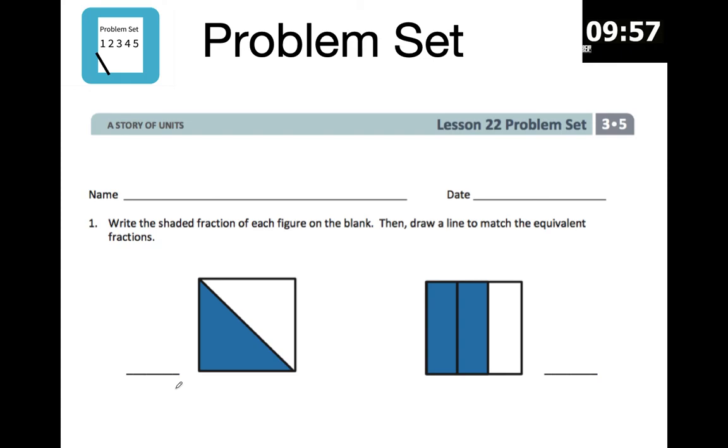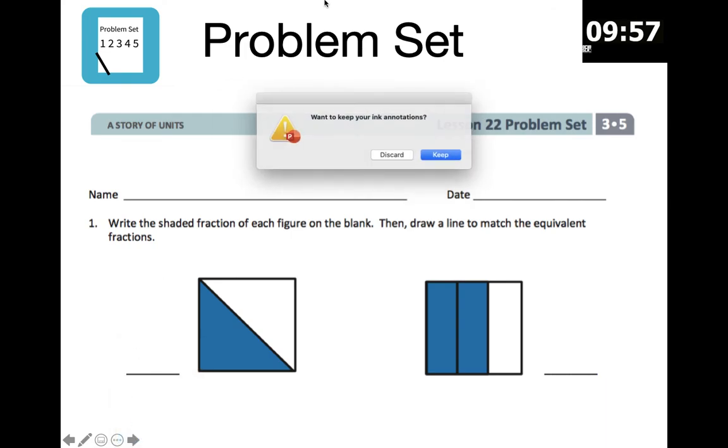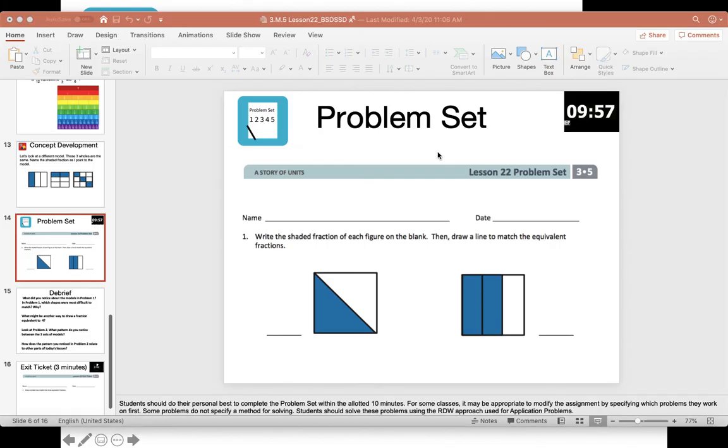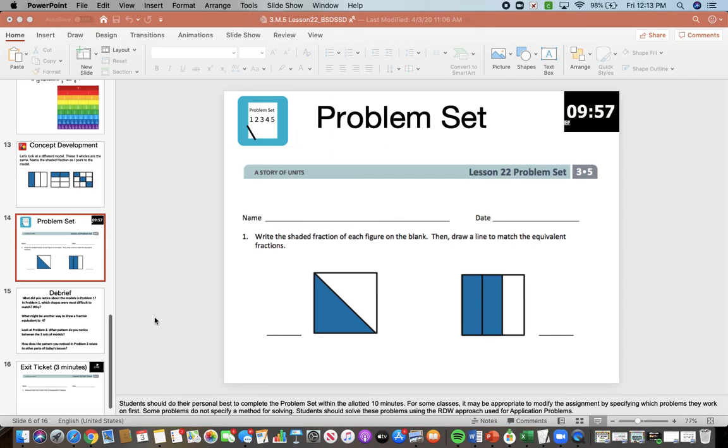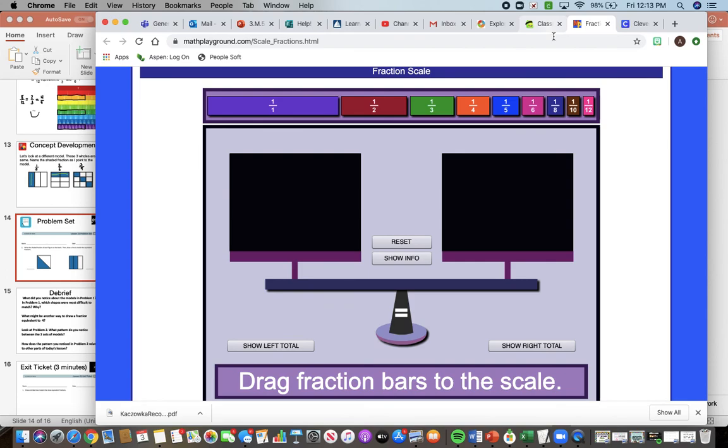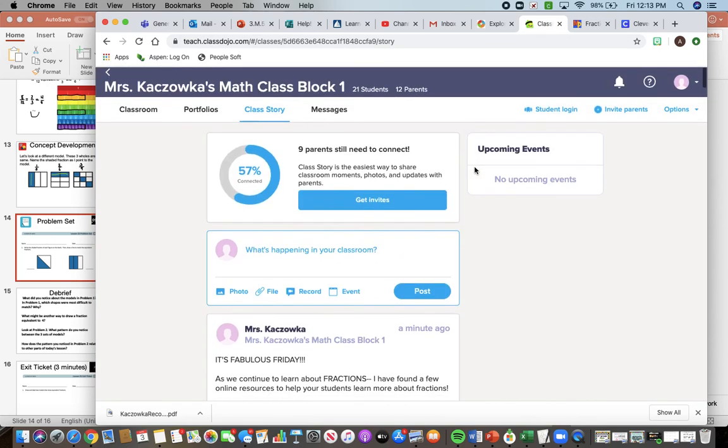As we end our video really quick, I do want to show you a way that you can go online and find a new resource. This is the resource I am going to show you if your parents are on Class Dojo.